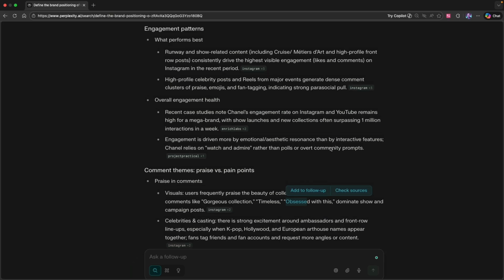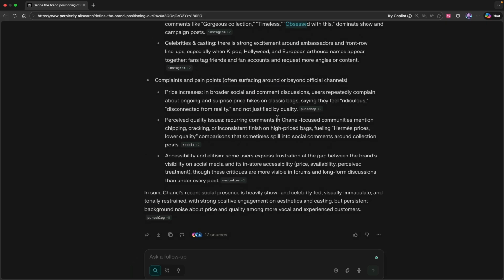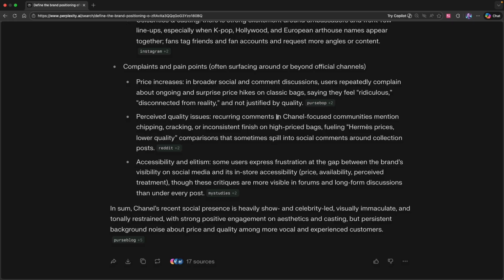But here's the lesson. We have to focus. You must look deeper because the AI found the background noise. While the Instagram comments are full of hearts, broader discussions on Reddit or forums are complaining about price hikes and quality issues.